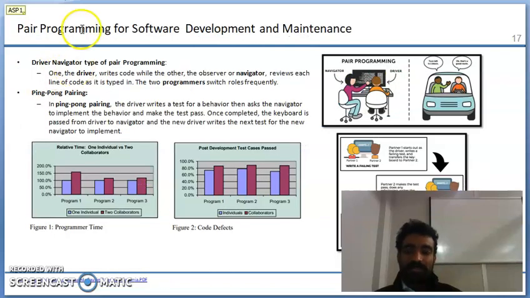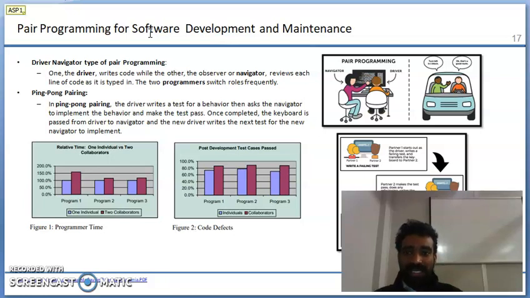And then coming to pair programming, pair programming is widely followed in the software industry today. There are different kinds of pair programming. Pair programming is a kind of peer programming, wherein developers help each other to crack the code and develop their parts.